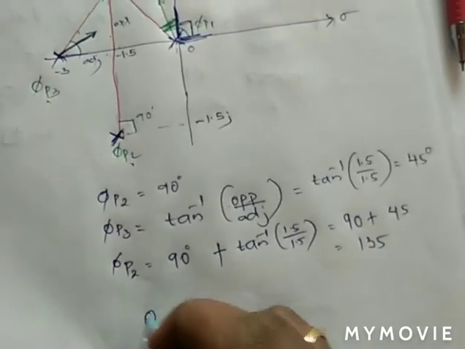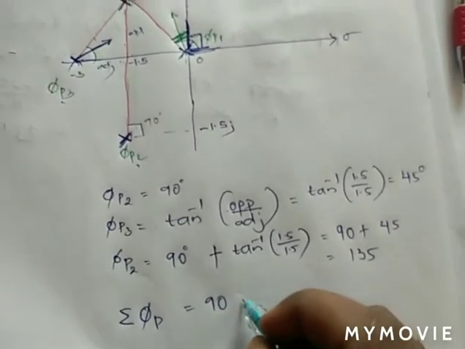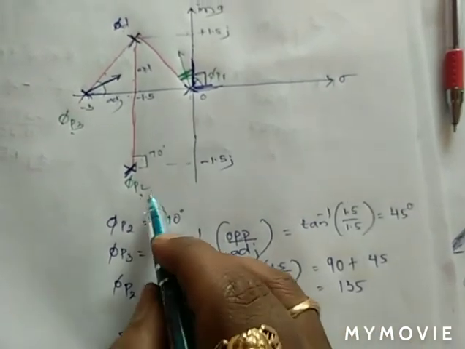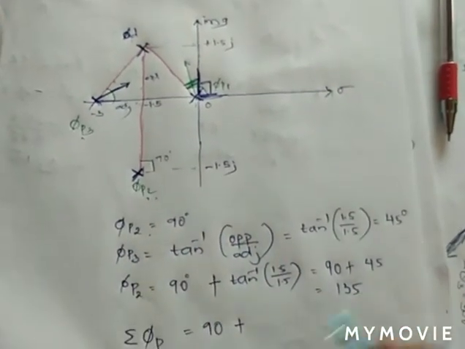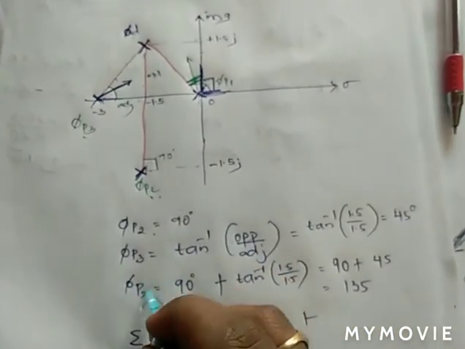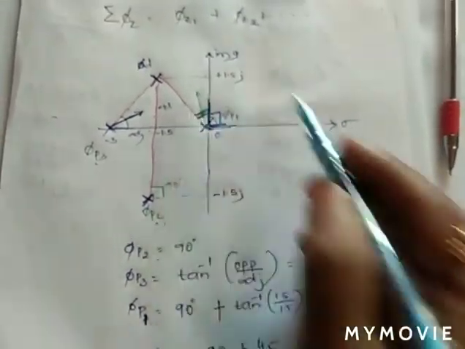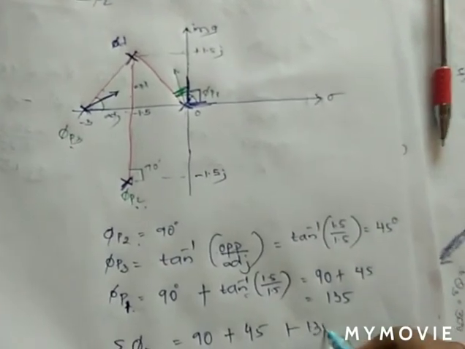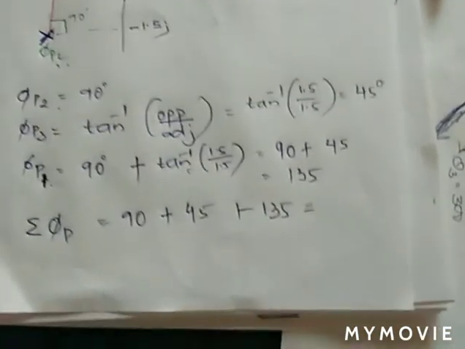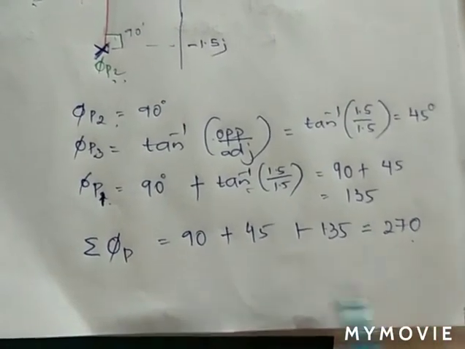Summation of phi p means 90, plus 90 plus tan inverse of this, that is 135. So 90 plus 45 plus 135 is 270.